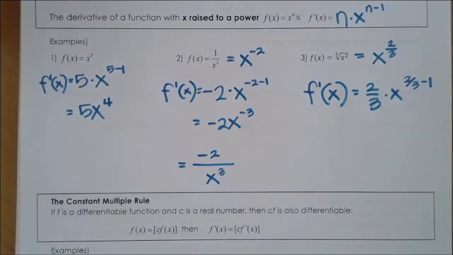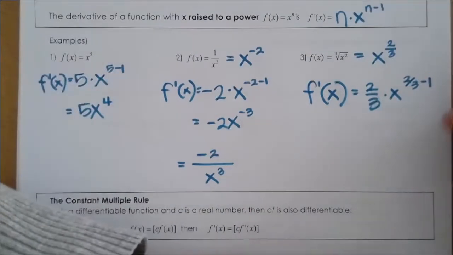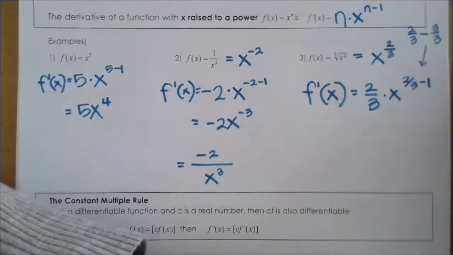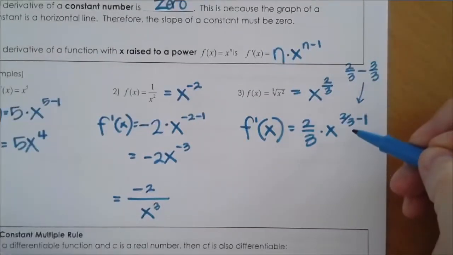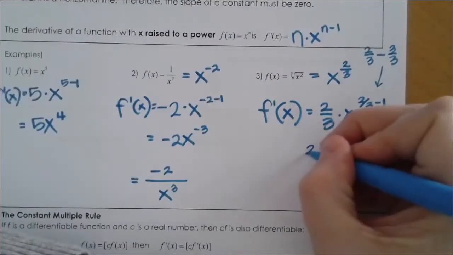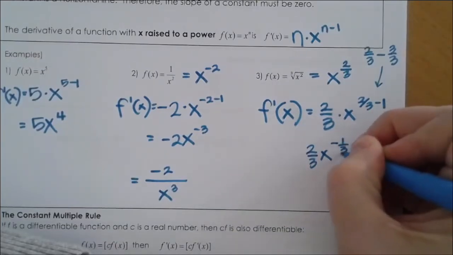Now we have to think about 2/3 minus 1. We need common denominators, so this, just a little side note, is really the same thing as doing 2/3 minus 3 over 3, because we know that 3 over 3 is the same as 1. So now I can do 2 minus 3 on the top, and we get 2/3 x to the power of negative 1/3.